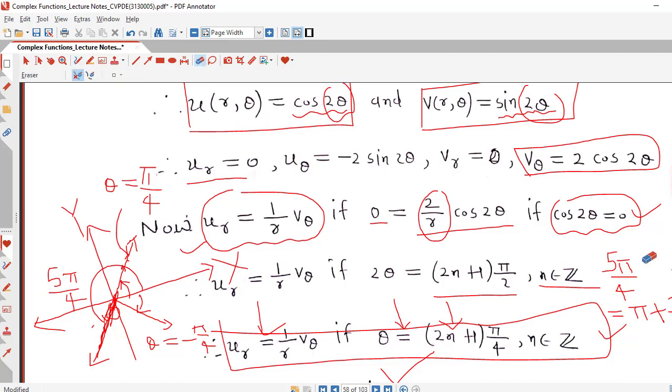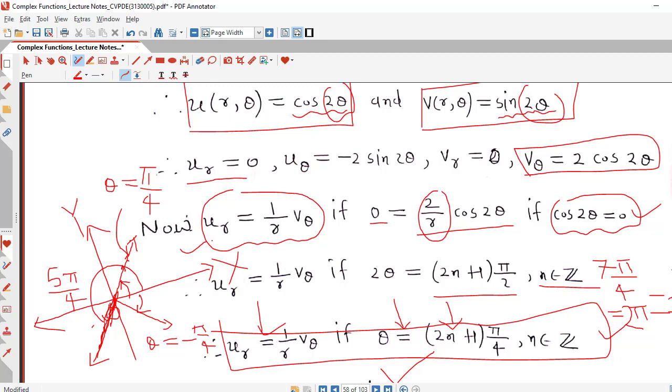So 7 pi by 4 can be written as 2 pi minus pi by 4.